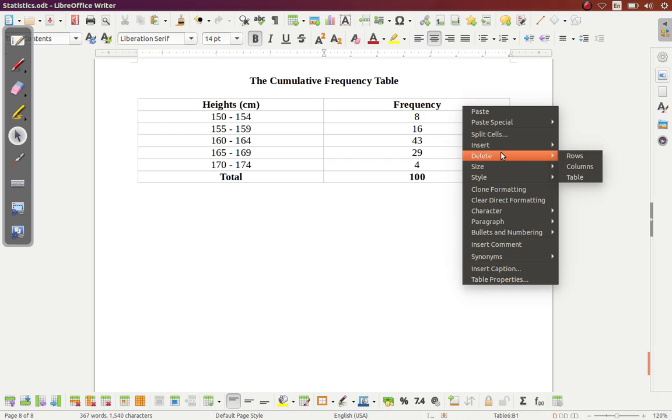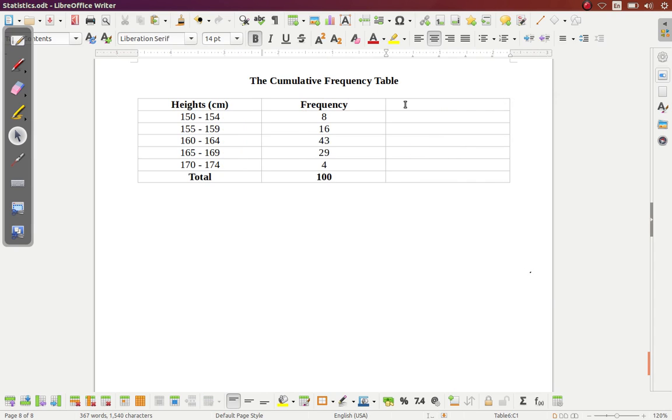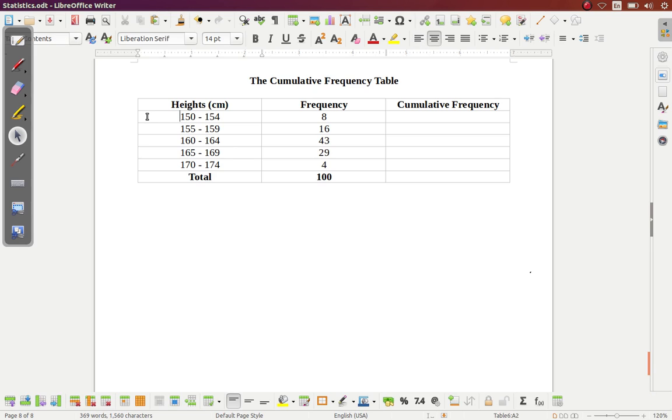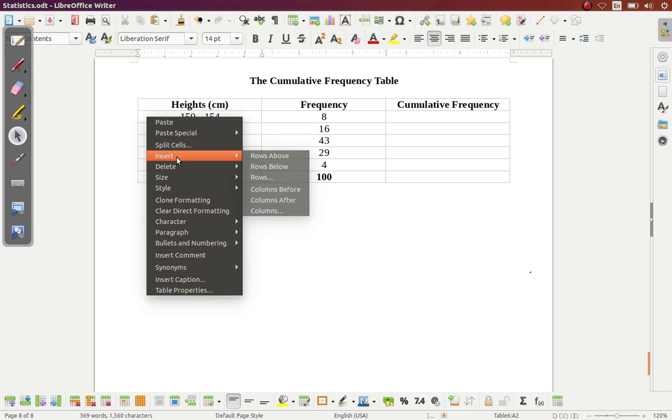So let me insert a column after. Nice. And call this cumulative frequency.